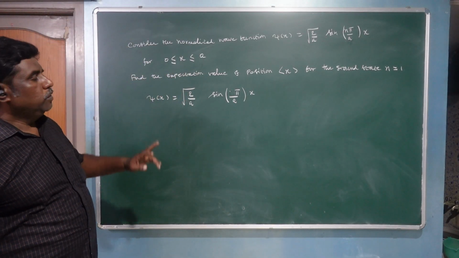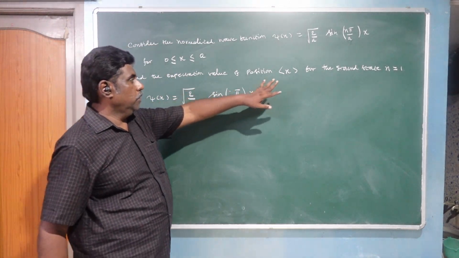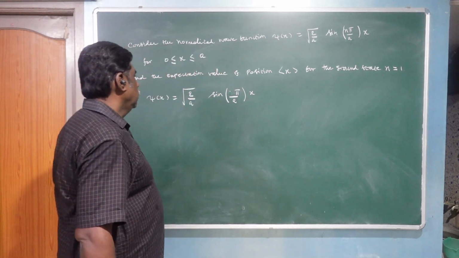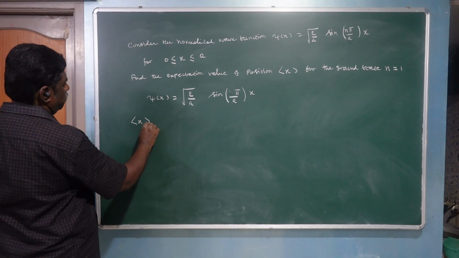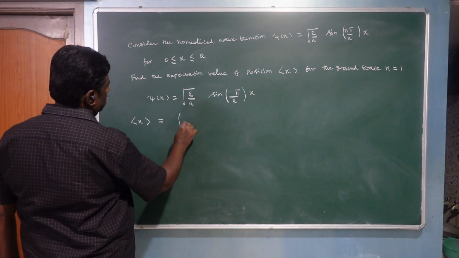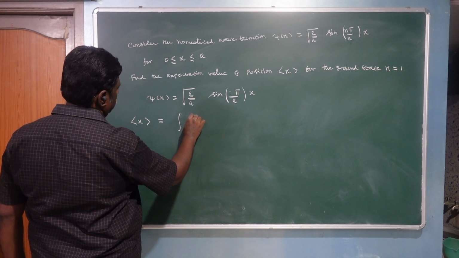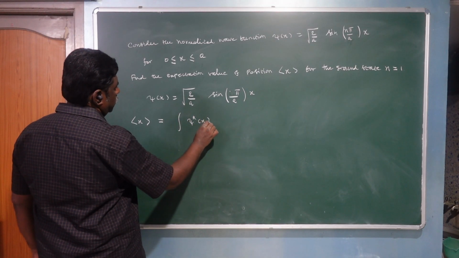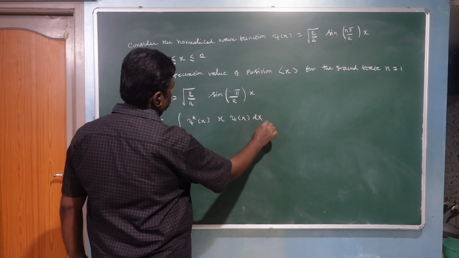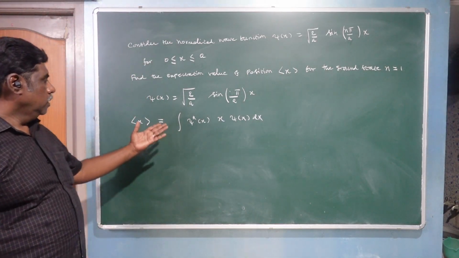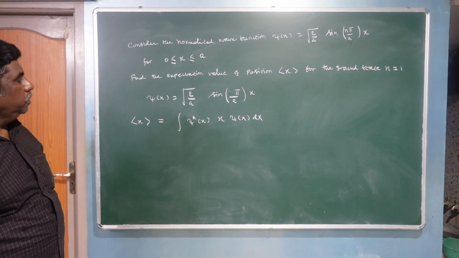This is the value of ψ(x) for the ground state. You know the expectation value of an operator is the integral of ψ star of x, then the operator, then ψ(x) into dx. For the normalized wave function, this is the formula for the expectation value.